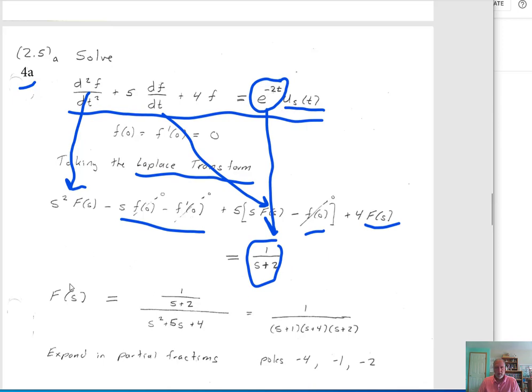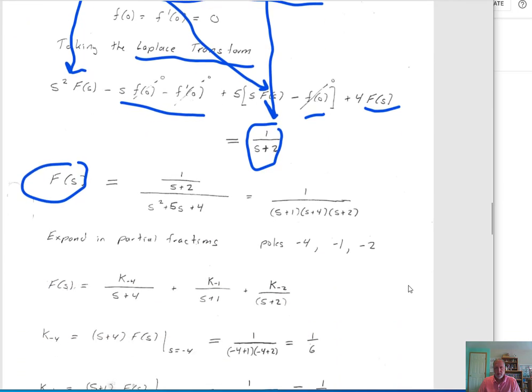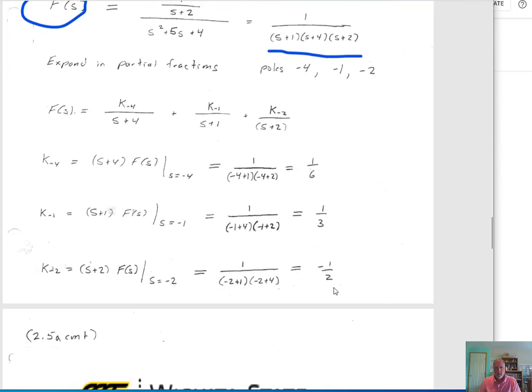All right, so then you solve for F, and then you do the partial fraction expansion. Here's the factors you should get. Once you work through this, you can do this one with just the standard technique or multiplying both sides by the entire thing.